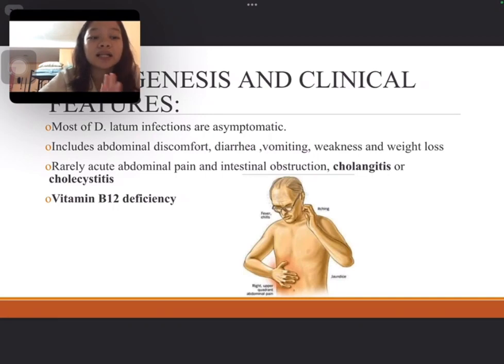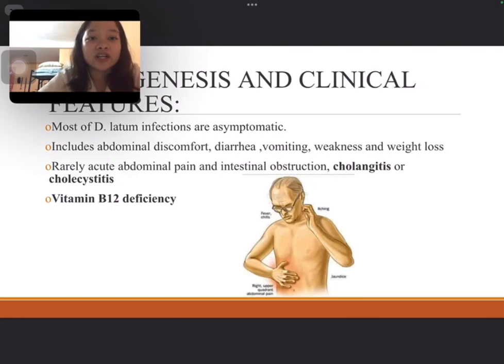The clinical manifestations and diagnosis. Most D. latum infections are asymptomatic; when symptoms occur, they include abdominal discomfort, diarrhea, vomiting, weakness, and weight loss.